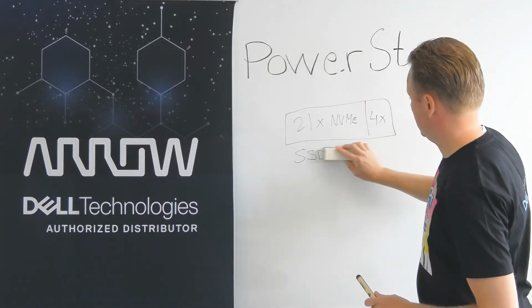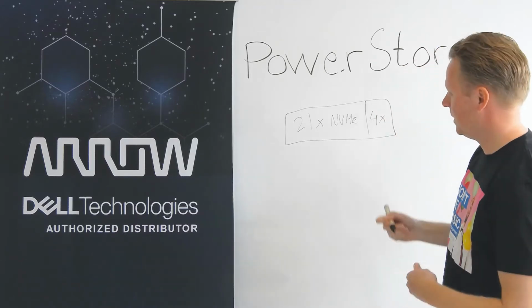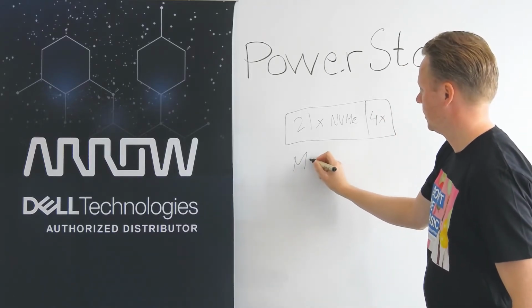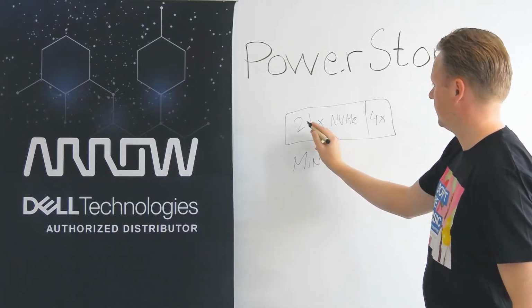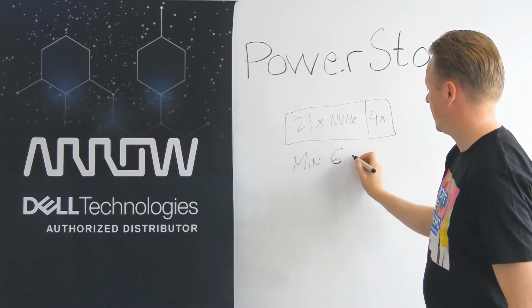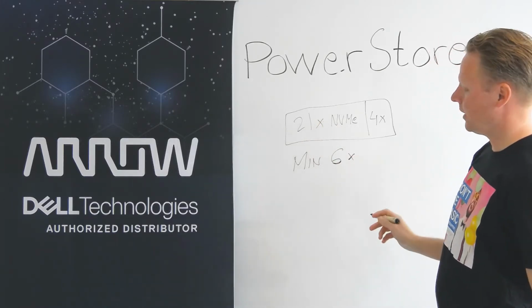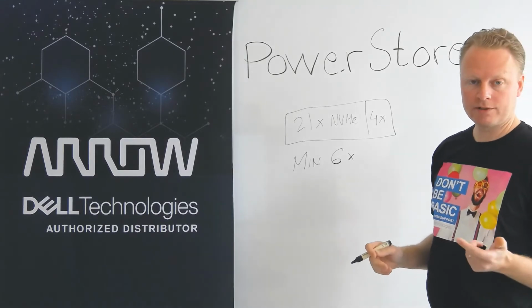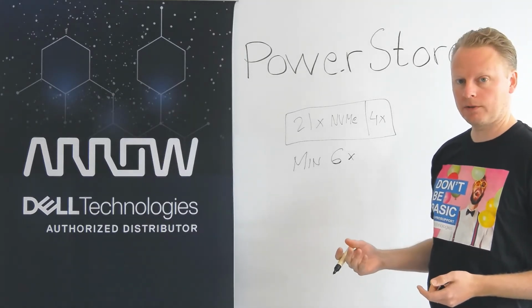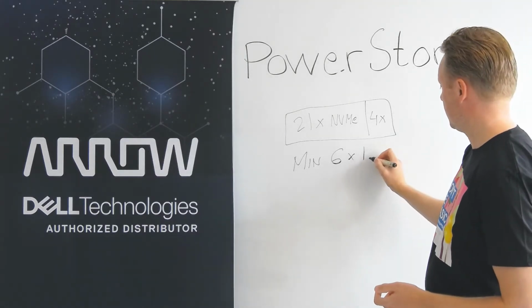For the appliance minimum, you're able to populate it with 6 SSD disks, and the SSDs are ranging from 1.9 terabyte up to 15 terabyte. So the minimum is 1.9.